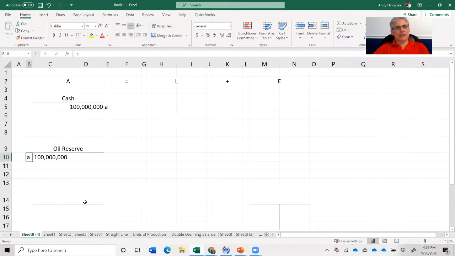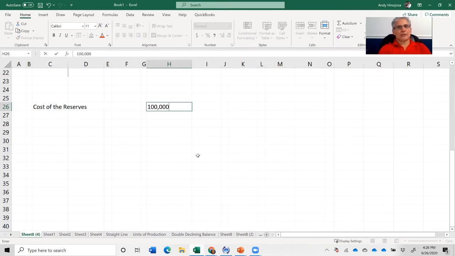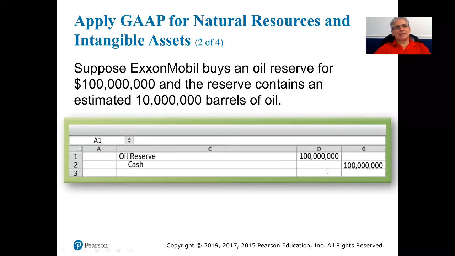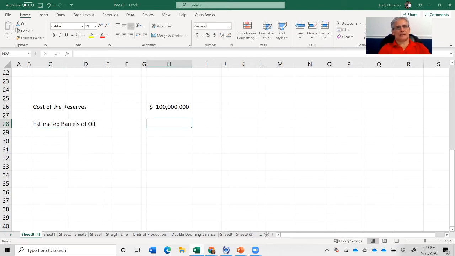So the depletion rate is computed by taking the cost of the reserves, in this case $100 million, and dividing that by the estimated barrels of oil, which is 10 million.